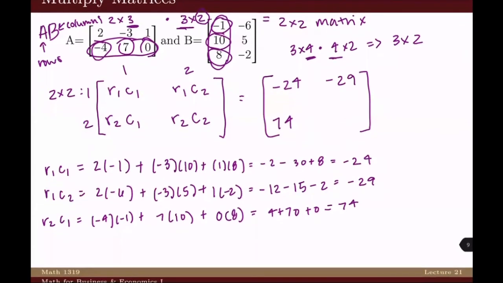And then lastly, we'll have row 2, column 2. So my rows are coming from my A matrix because we are finding AB. My columns are coming from my B matrix.